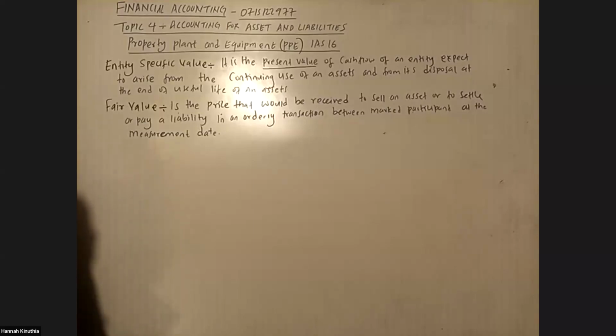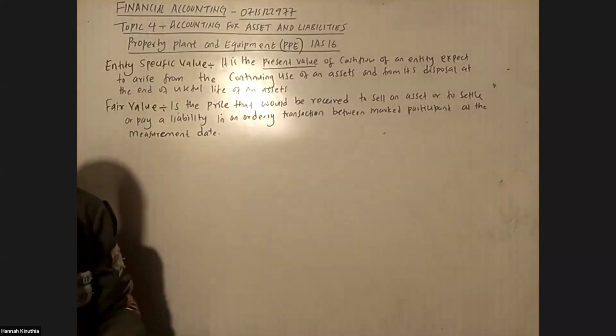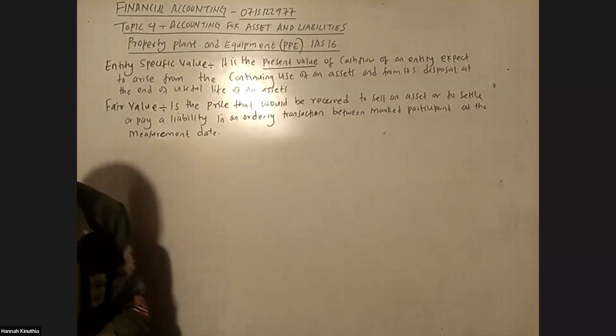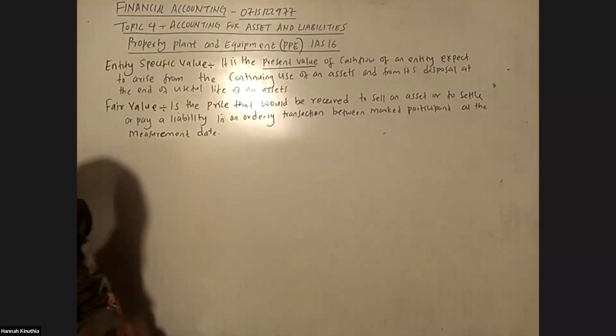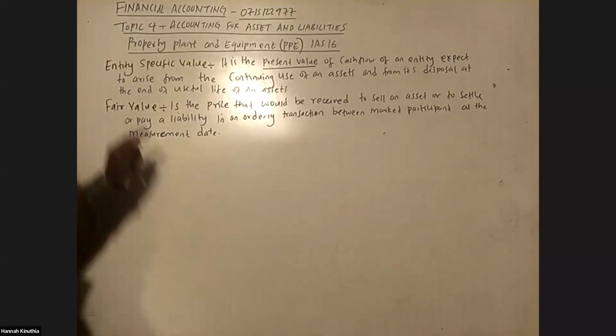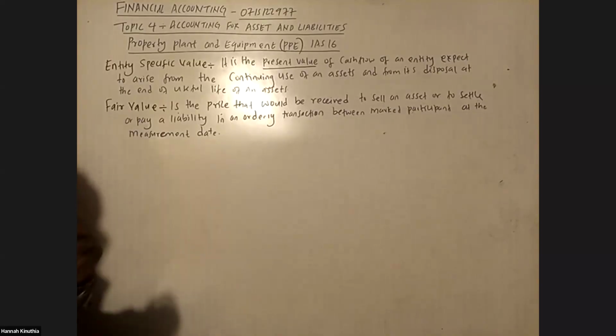When we talk about fair value, it is the value transacted between two knowledgeable parties. The parties who engage in this transaction must be knowledgeable enough to know the price in the market, so that we say it is the fair value. The keyword is the price that will be received to sell an asset or to settle a liability.